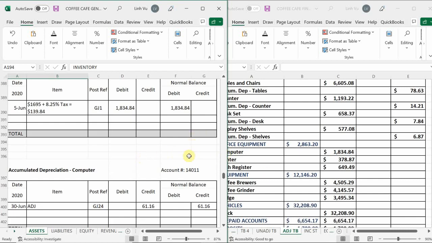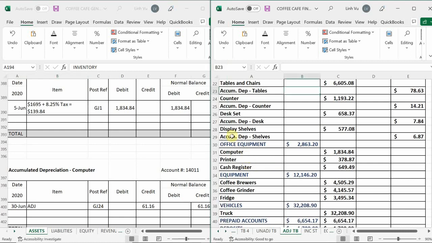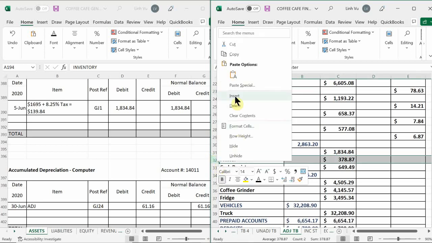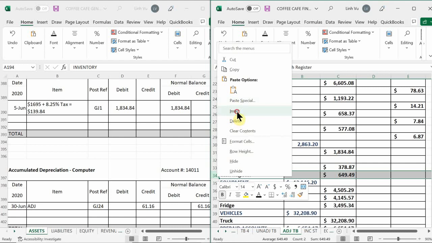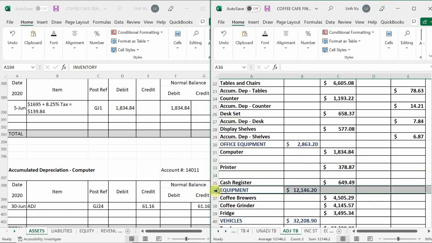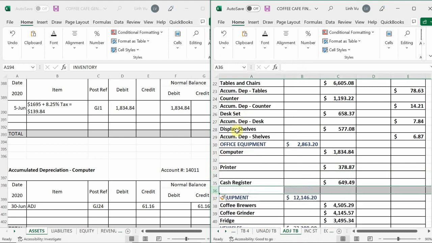So I got a computer, I got a printer, and I got a cash register. So in this case, here's my office equipment, currently at $2,863.20. And I'm going to go ahead and start inserting all of my contra accounts in here. So I have one for the computer, one for the printer, and one for the cash register. Okay.